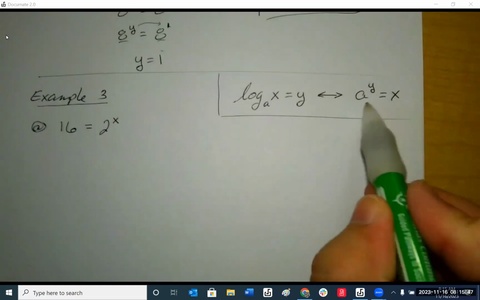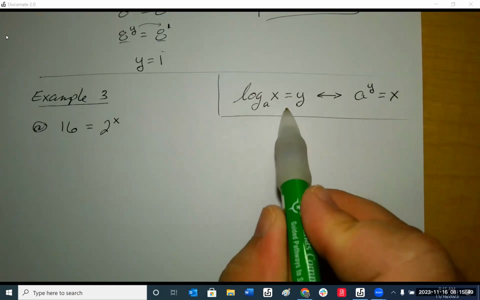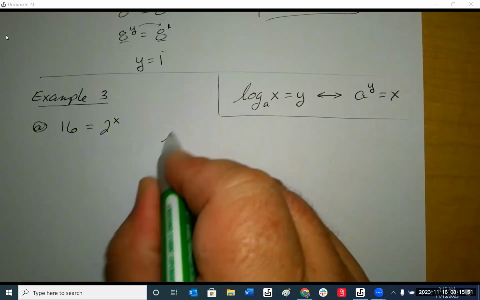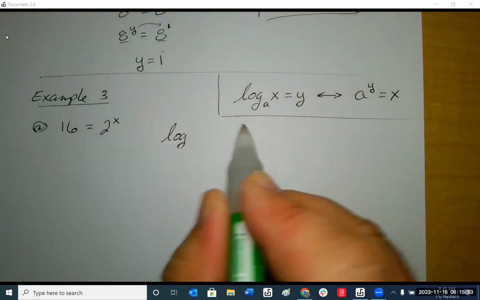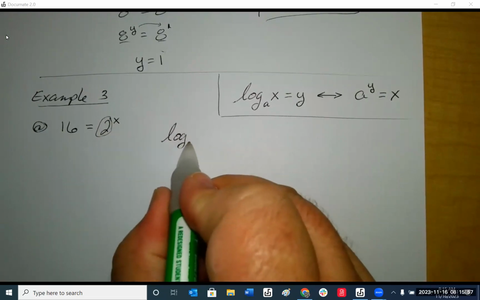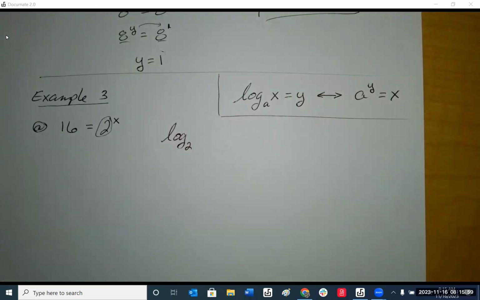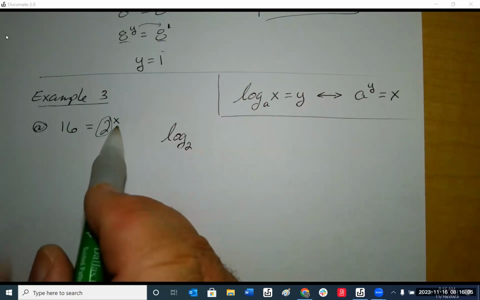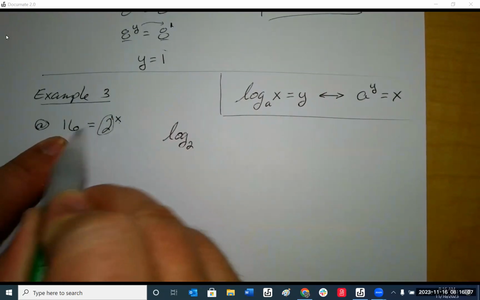So we're on this side. We have to put it in logarithmic form. So we have log, the base. Since that's the base of the exponent, it's the base of the logarithm. This is x and that's y.